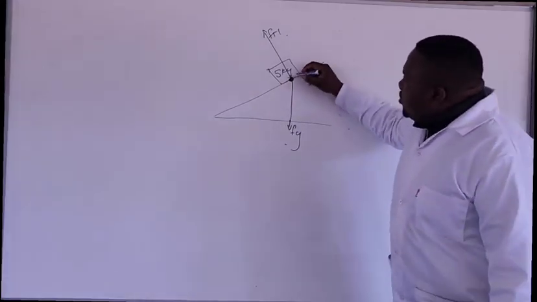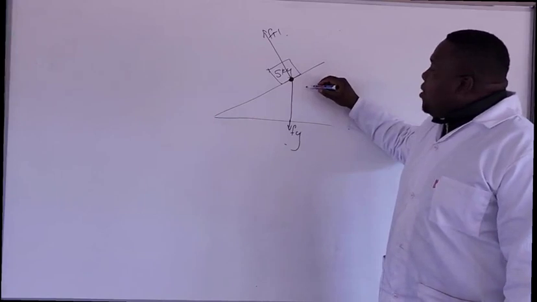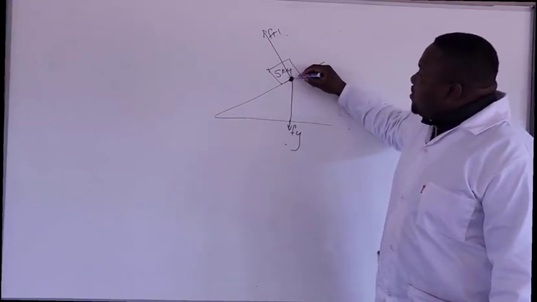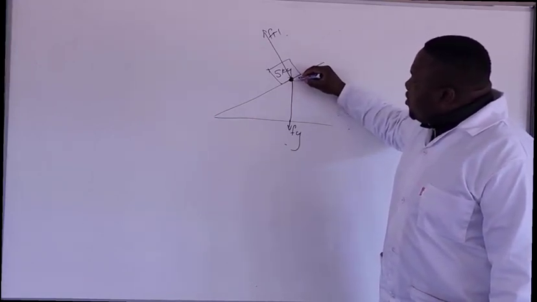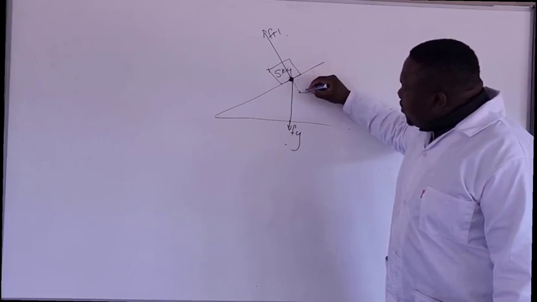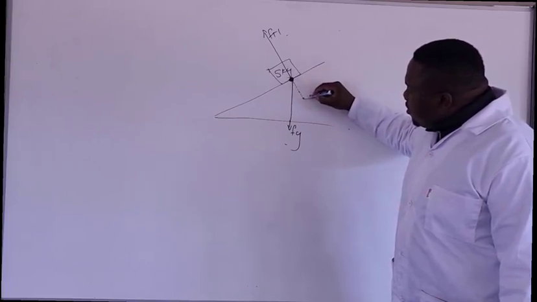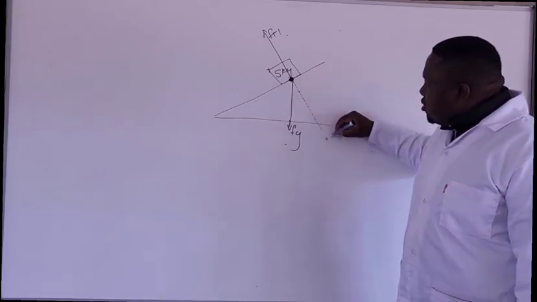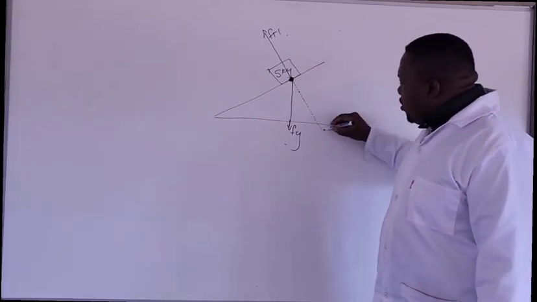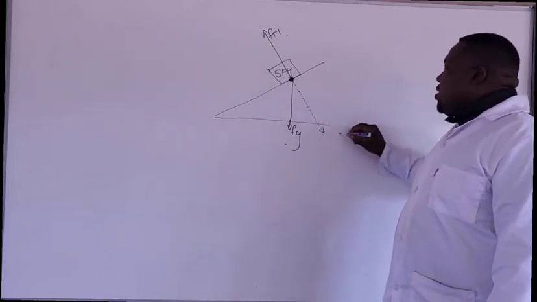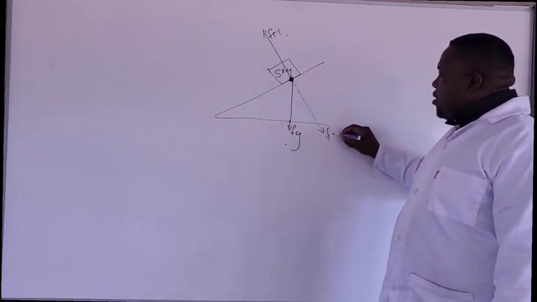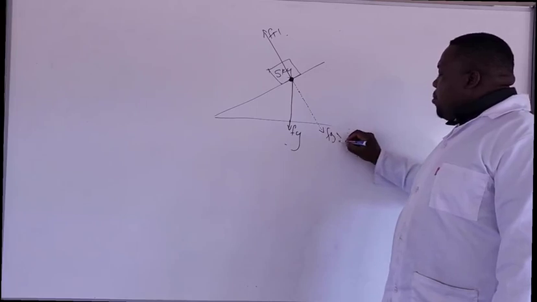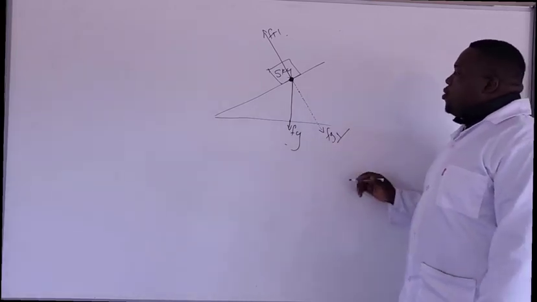So we are going to have a component of the gravitational force which will be continuous with the normal force, like that. It is just a continuation of the normal force, and this one will point downward, and it is called the gravitational force perpendicular. Why is it called perpendicular?